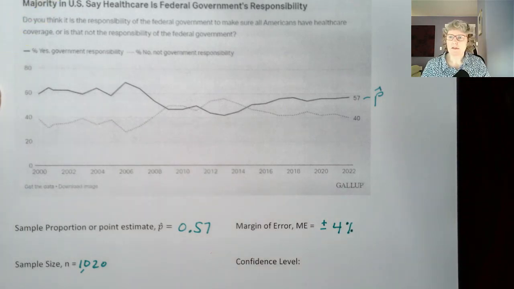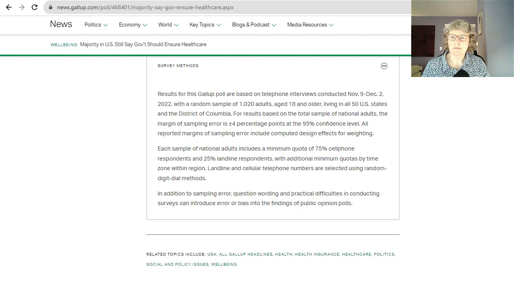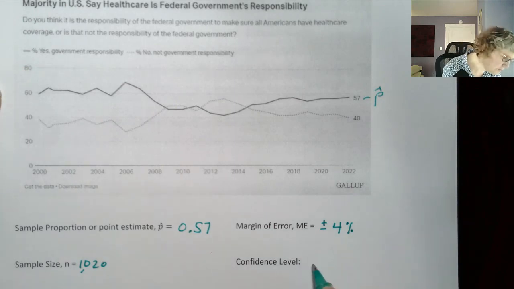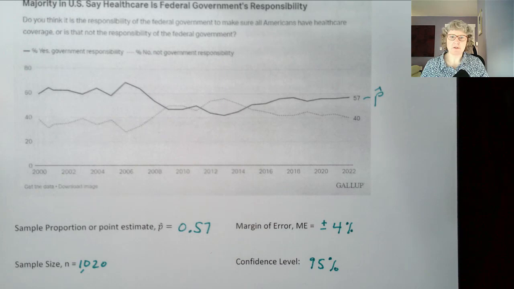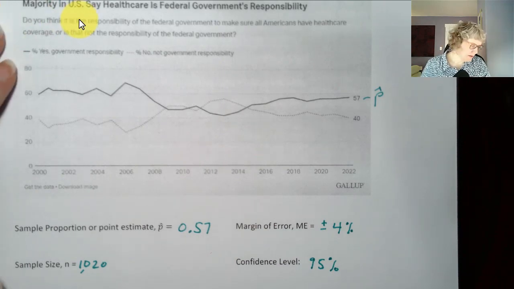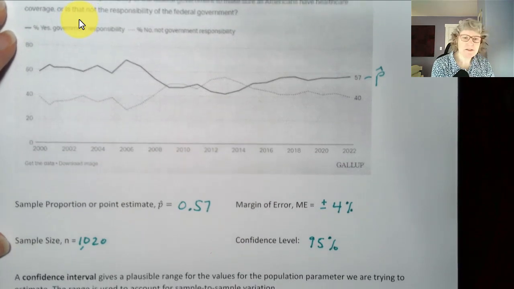And confidence level, 95% confidence level. So we have all the information we need.